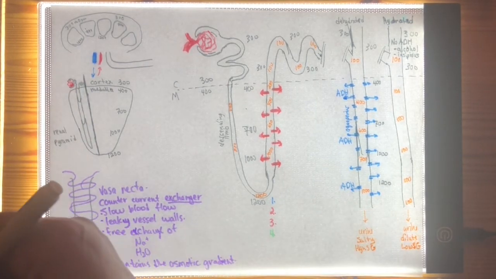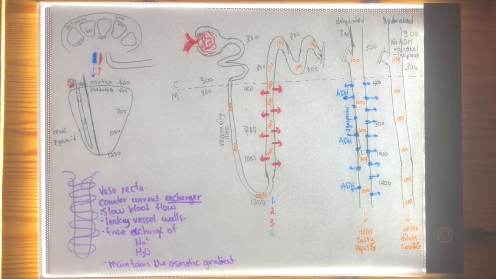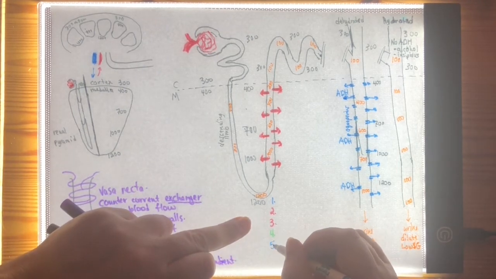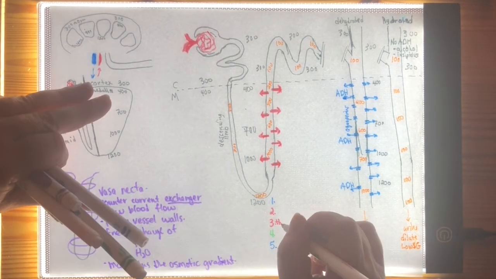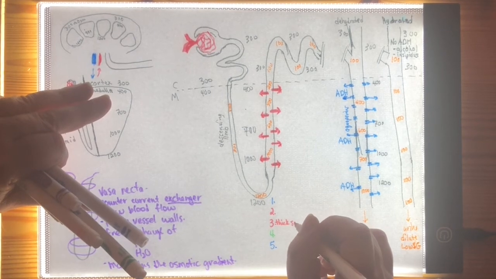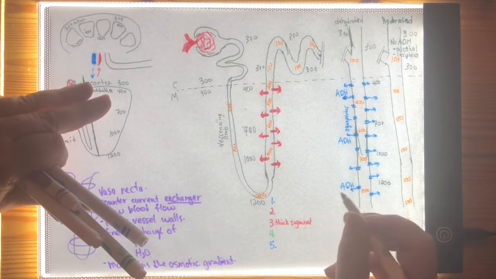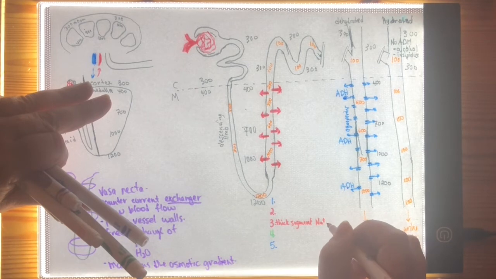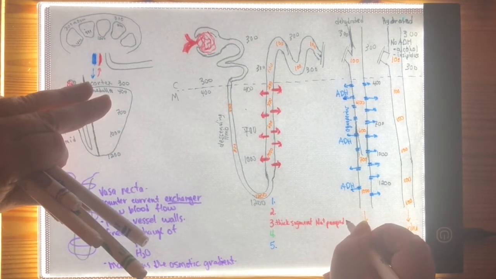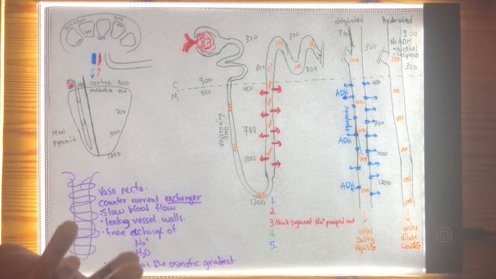As the filtrate comes out, the numbers continue to get lower and lower until they're at 100, which is quite dilute. So we're going to go ahead and write the 5 steps of the countercurrent multiplier system, and you'll notice the different colors here. I already mentioned step 3, quite important, the pumping out of salt out of the thick segment of the ascending limb of the nephron loop.